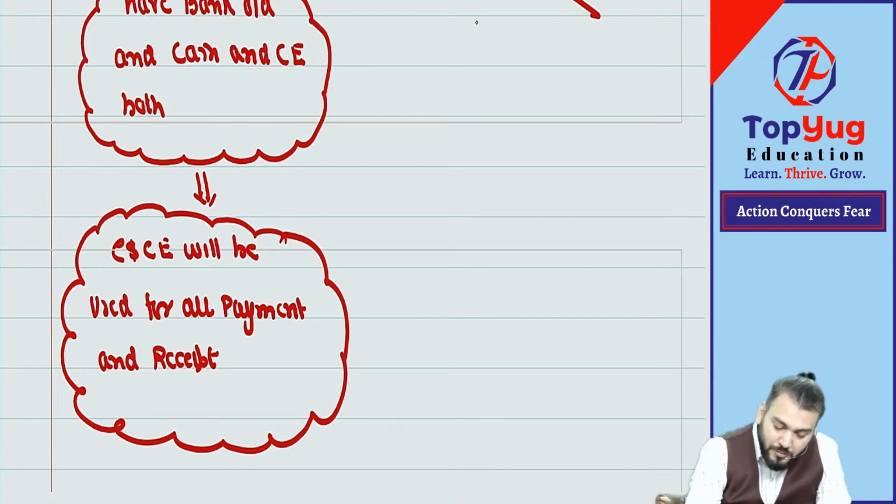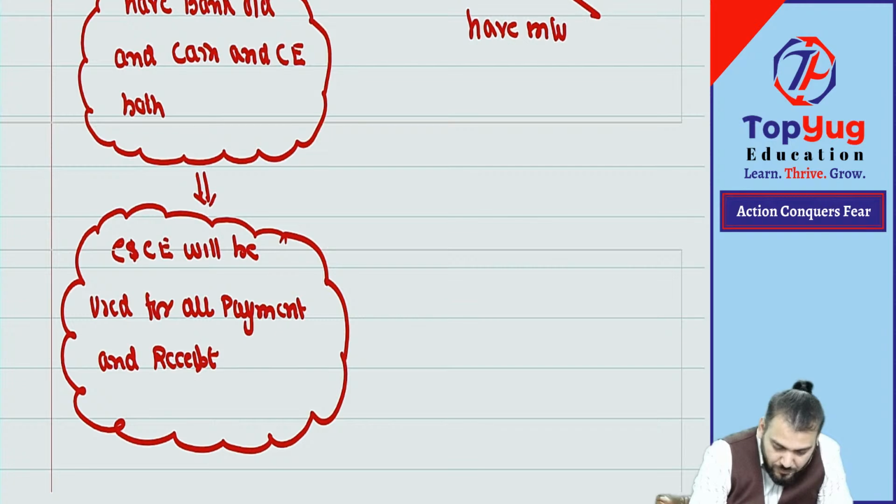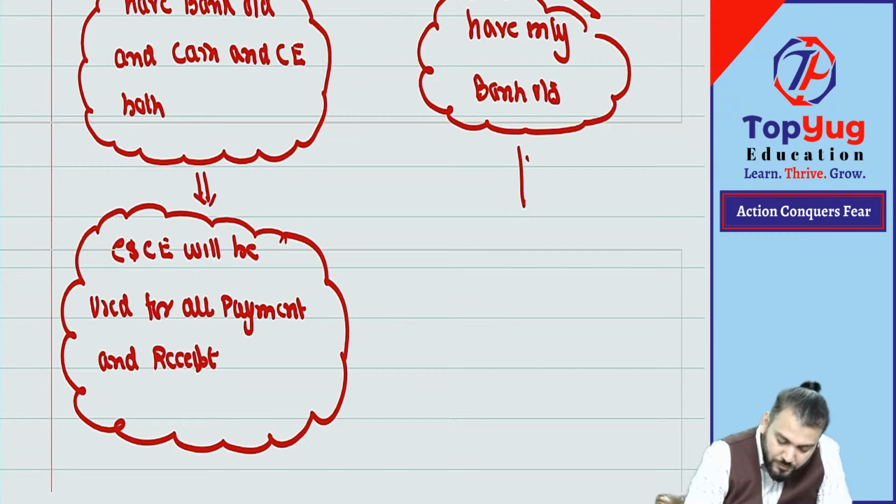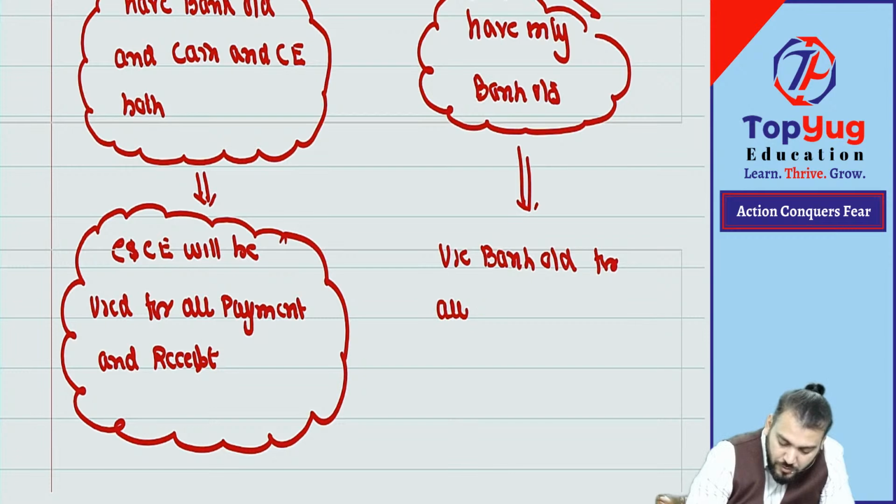But if the balance sheet has only bank overdraft, it means now we need to use which account? Bank overdraft account, to be used for all payment and receipt.